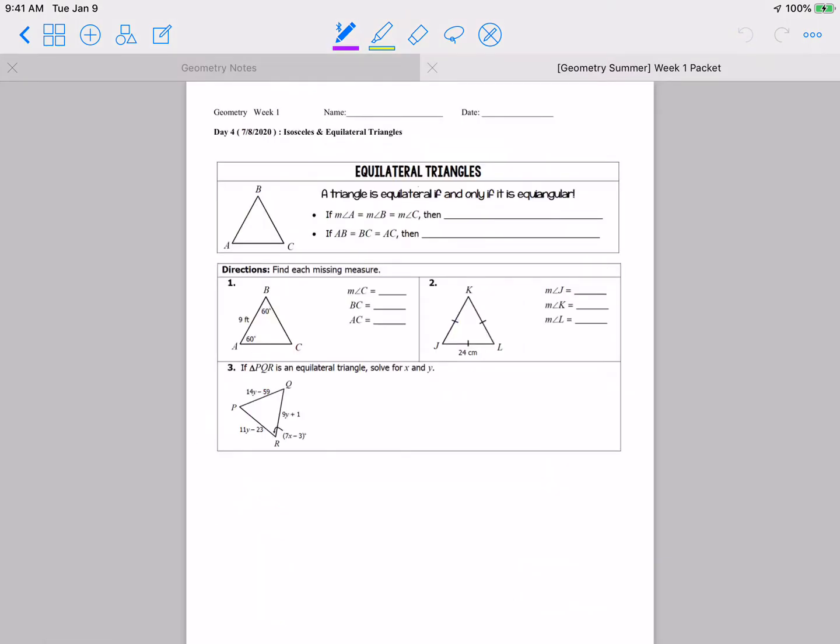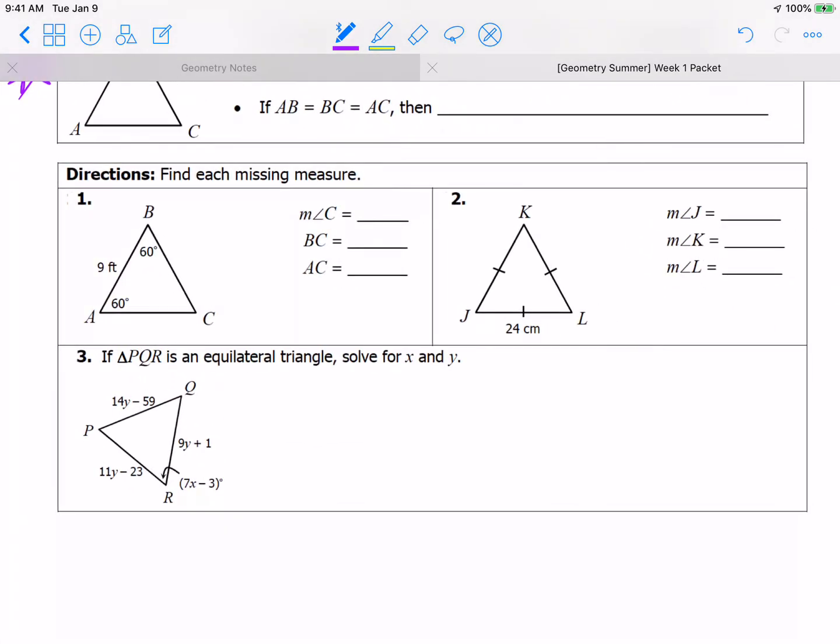Let's look at your homework questions. So take notes for that part. Number 1 and 2, I will let you do on your own because those are really easy. I will start on number 3 for you, but you gotta finish it. If PQR is an equilateral triangle, solve for x and y. These sides are all congruent, and my angles, remember, are all congruent also.